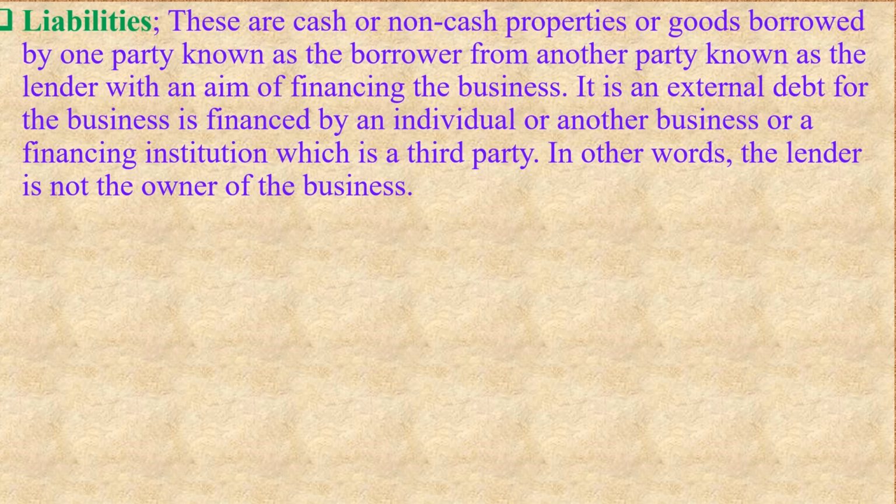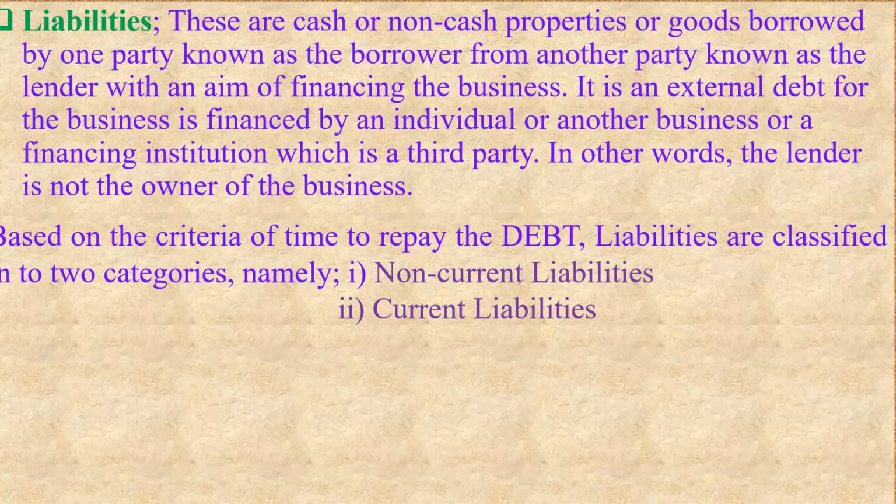Now, in this case, the lender is not the owner of the business. So, based on the criteria of time duration that this debt is repaid, liabilities can be classified into two main categories: non-current liabilities and current liabilities.